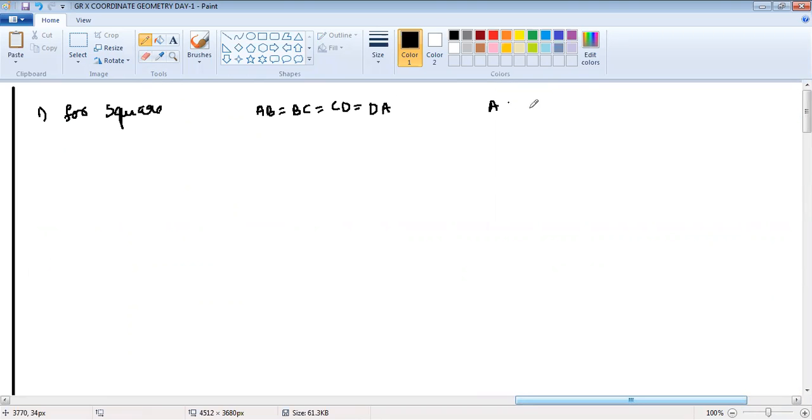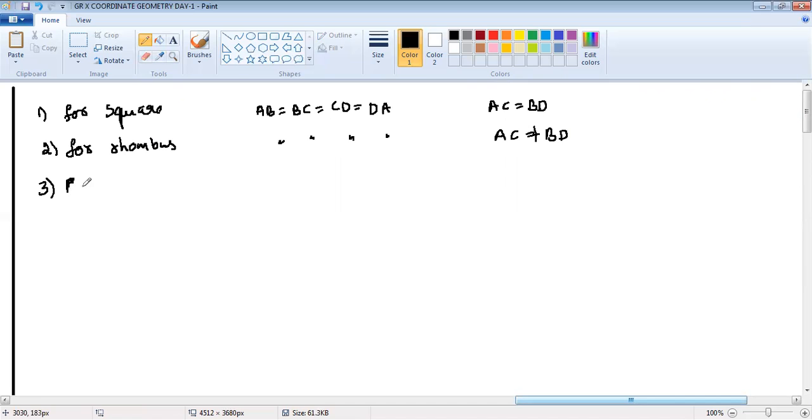Apart from that, the diagonals also should be equal. For a rhombus, same thing, AB, BC, CD, DA equal, but here AC should not be equal to BD.